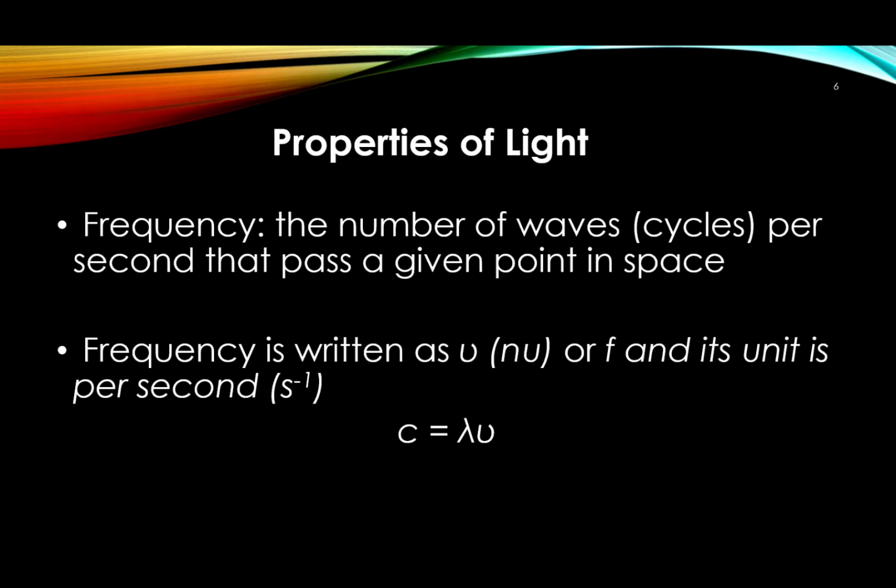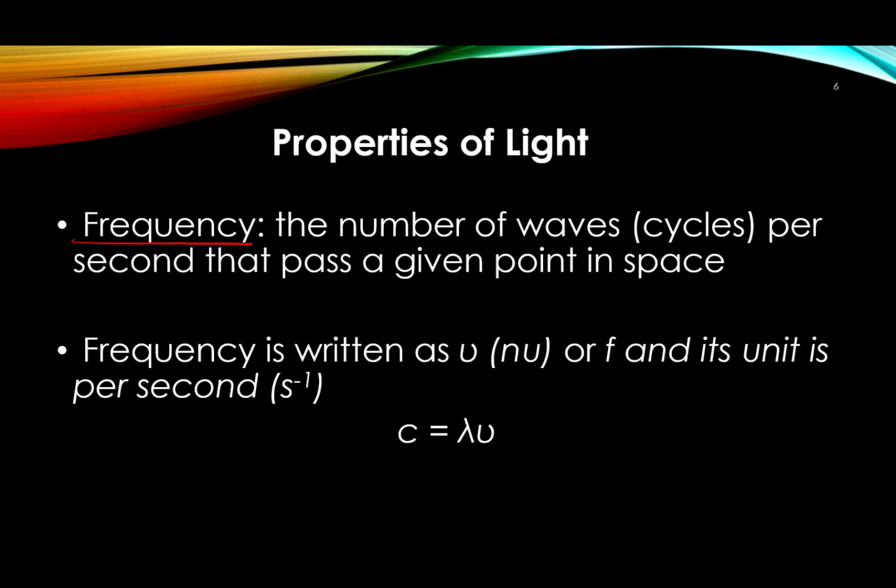Next one, let's talk about frequency. Frequency is the number of waves per second. If you imagine a point in space, then by frequency you want to know how many times that wave passes that specific point in 1 second.